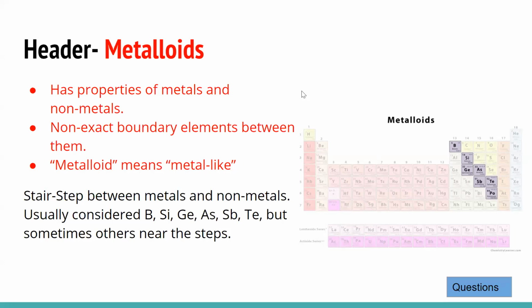But basically, these are elements that act like metals sometimes, and act like non-metals other times. We call this the stair step, but it's more appropriately called the metalloids. Metalloid means metal-like. And these are the very blurry boundary between metals, which make up most elements, and the non-metals, which are more rare. Or fewer elements are non-metals.